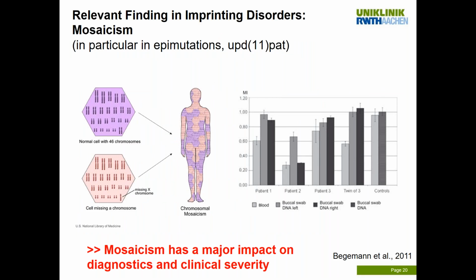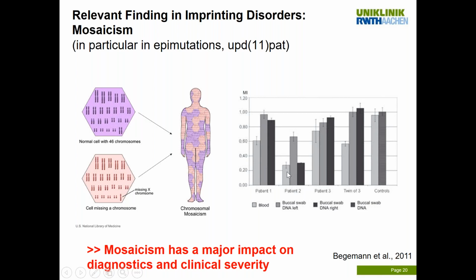Mosaicism, I think we should repeat it again and again, because mosaicism is really a major challenge in imprinting disorders, because it has an impact on the clinical severity. As you can see here in this example, in this patient we have analyzed blood cells and buccal swab DNA from the left and the right side, and you see differences here.